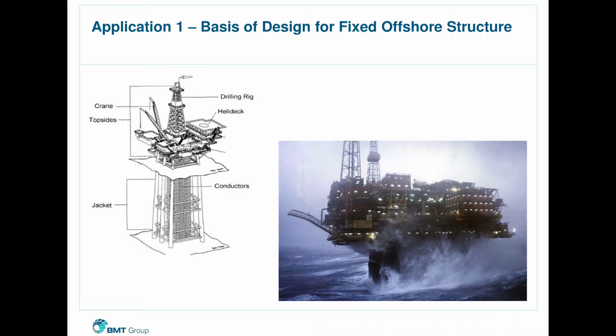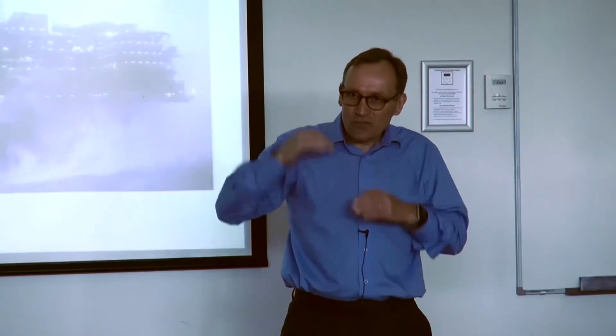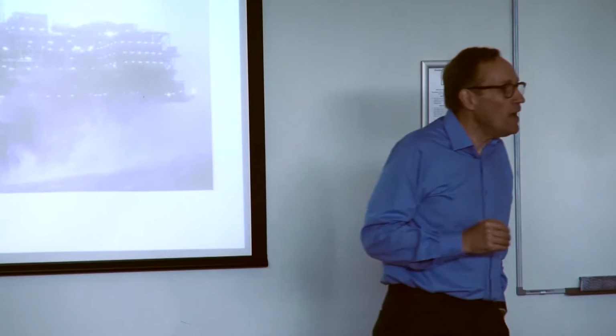Now, a key constraint is to avoid getting green water, that's sort of coherent water, not the very aerated breaking water, avoiding green water slamming on that lower deck. So we've got to determine the extreme combination of water level and wave crest height. Many other design requirements there too.